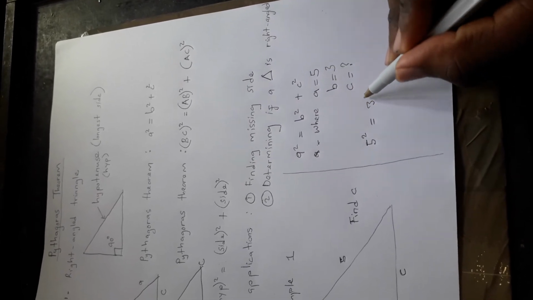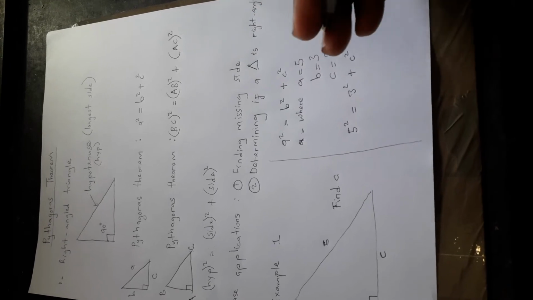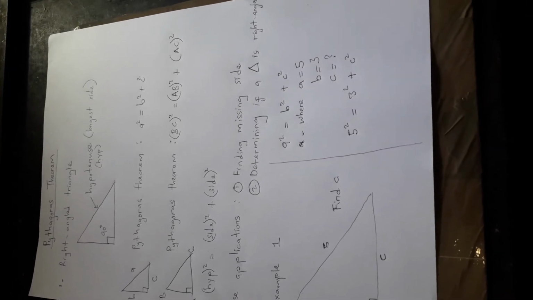B is 3. 3 squared plus C remains C, because that's what we are looking for. So my advice is you should rearrange so that your unknown variable C is on its own side, and all the numbers are arranged on the other side.